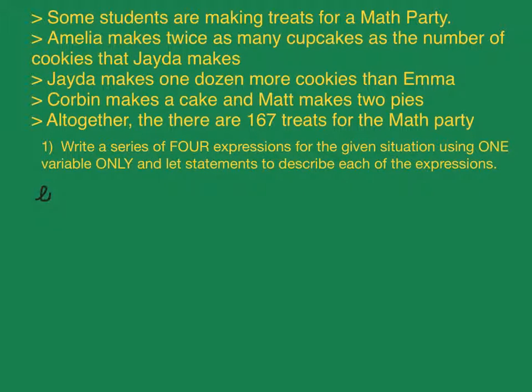So my first let statement, I'm going to use a different variable. Last time I used x. I'm going to use n this time. So I reversed it. I should say let n equal the number of cookies Jada brought.